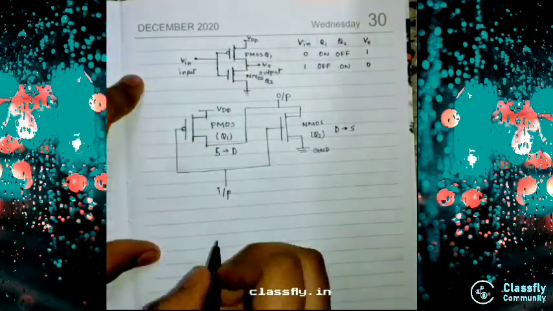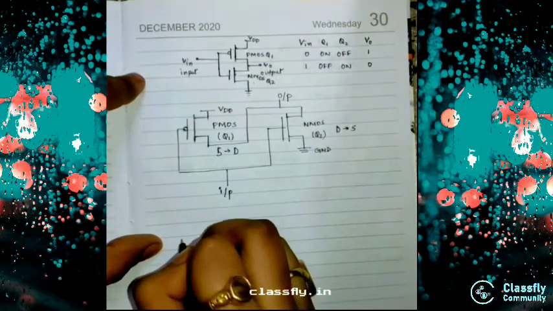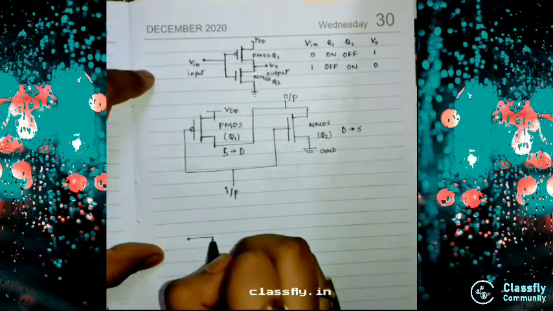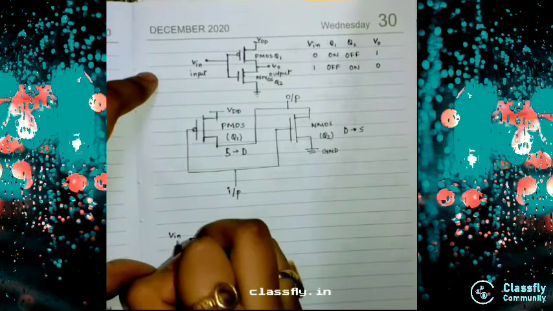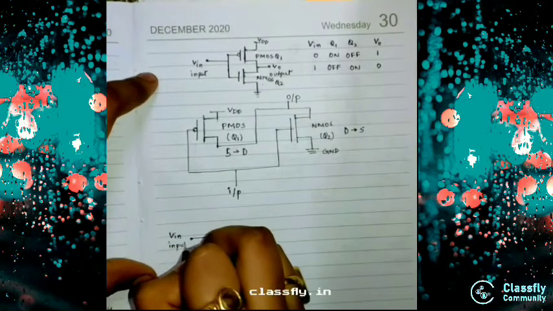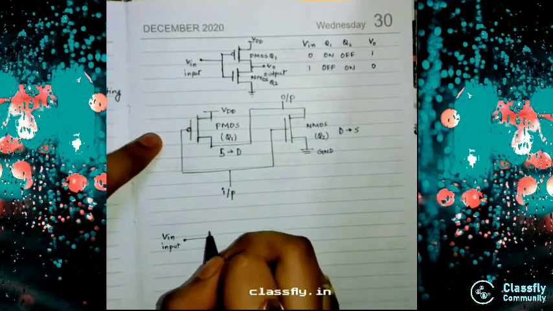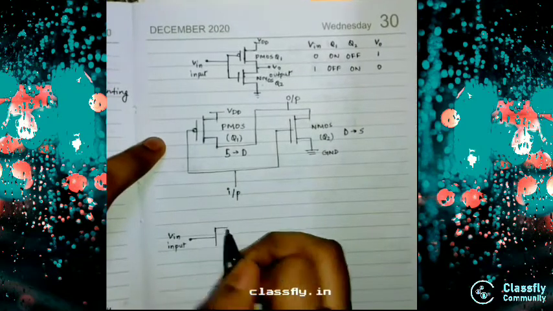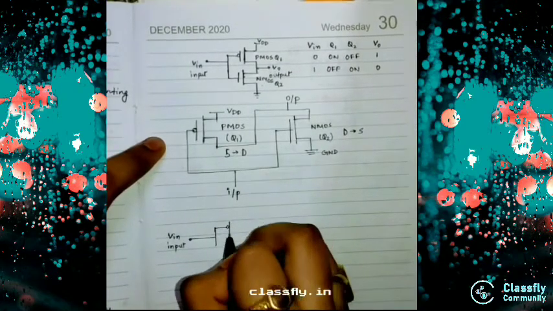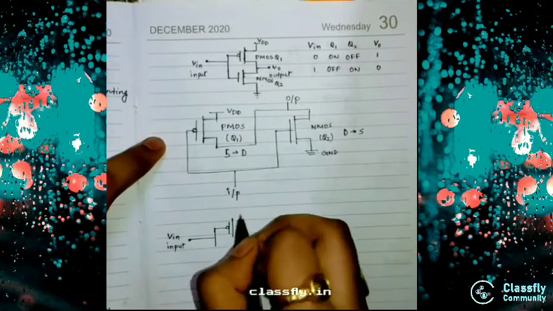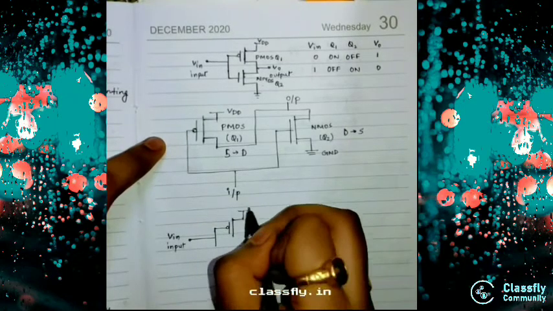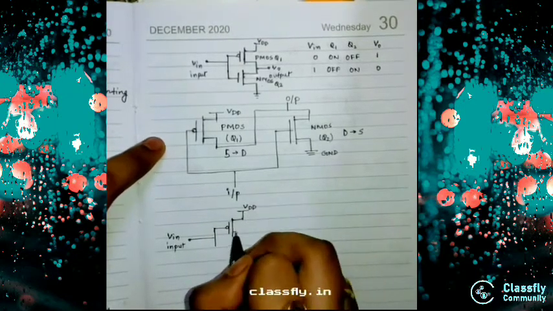Now I am making this one again. This is our input, so we will write Vin as the input, and first we will short circuit. One will be for the PMOS. The PMOS has the bubble and the plate, and it will be connected to high.